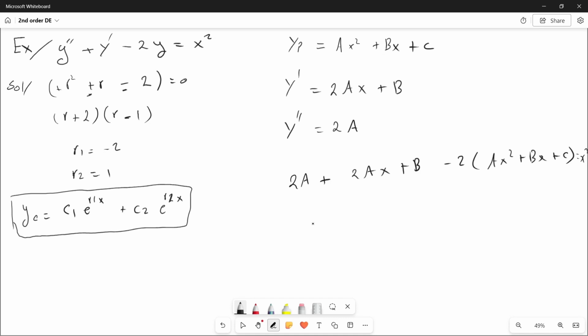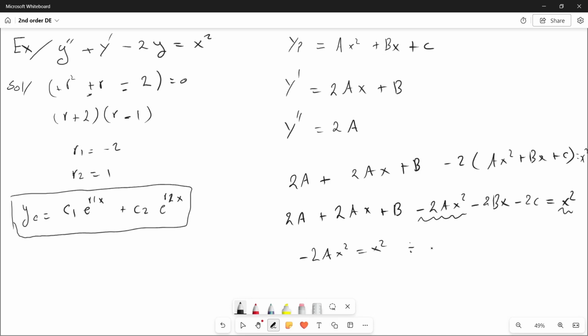Simplifying, we have 2a plus 2ax plus b minus 2ax squared minus 2bx minus 2c is equal to x squared. Now we have one term with x squared in it, so negative 2ax squared is equal to x squared. We divide by negative 2x squared and get a is equal to negative half.